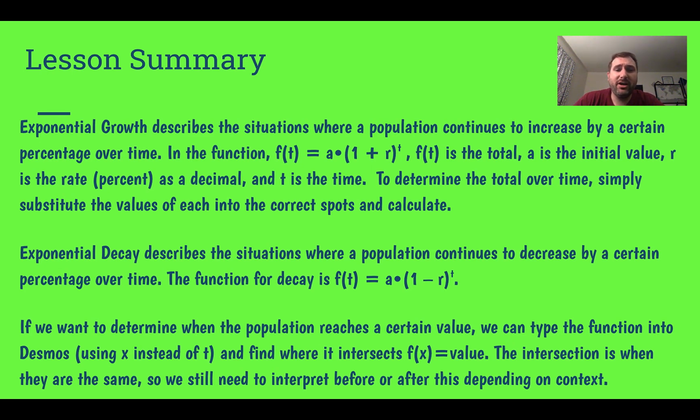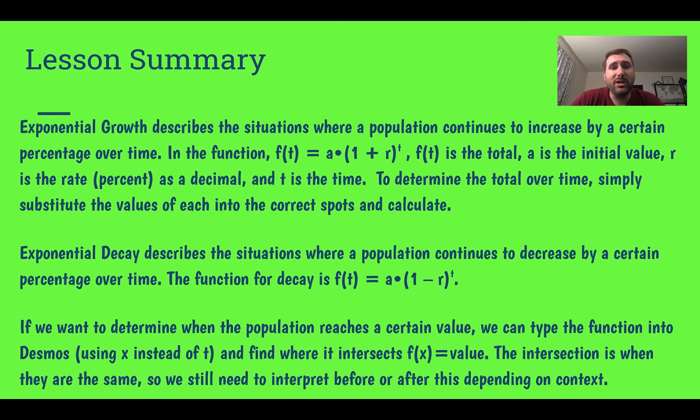Exponential decay, on the other hand, is the exact opposite. It's describing situations where the population is decreasing by a certain % over time. The function for decay is pretty much the same as growth. The only difference is it's subtraction instead of adding. Certain situations we might want to figure out when the population or the total reaches a certain value.